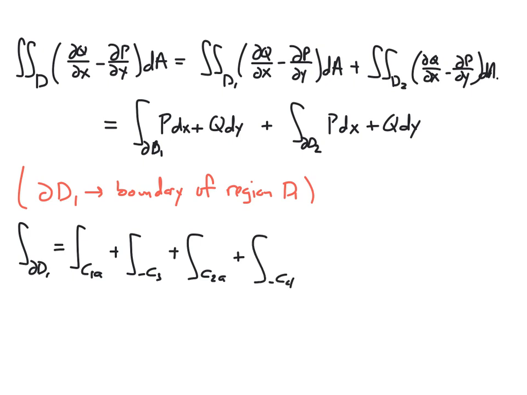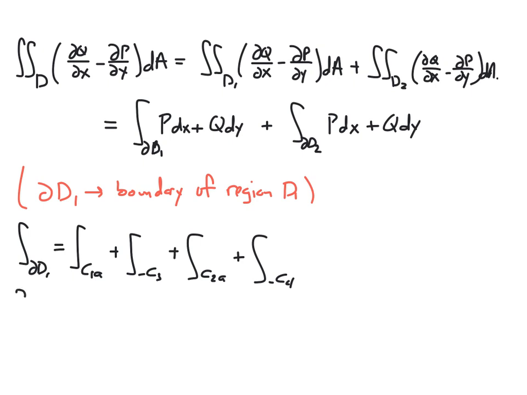Again, we're going against the orientation of C4. Right? And so again, this is terrible notation. All of these integrals are of that same function P dx plus Q dy, but I'm just indicating here that in order to compute that line integral over the whole boundary of D1, I need to compute these four line integrals of that same function P dx plus Q dy.